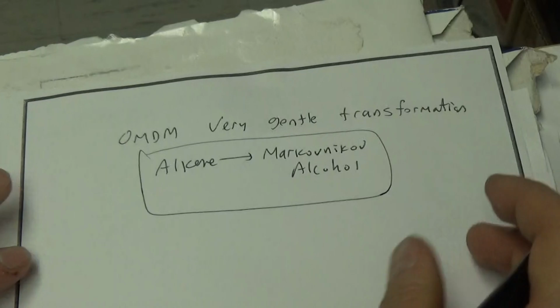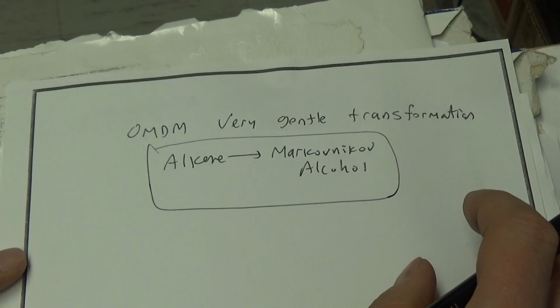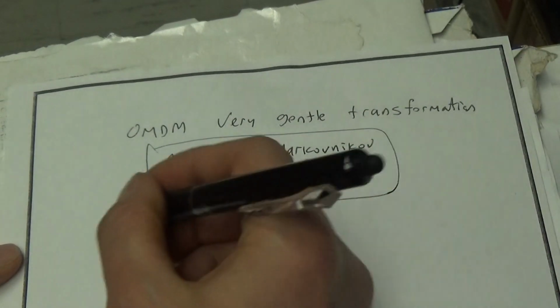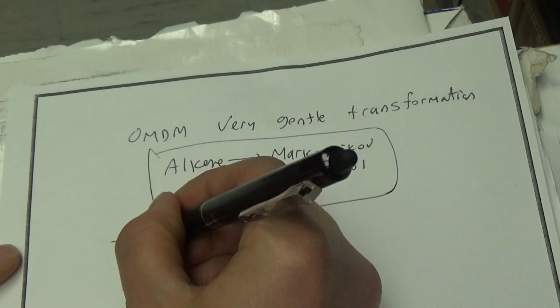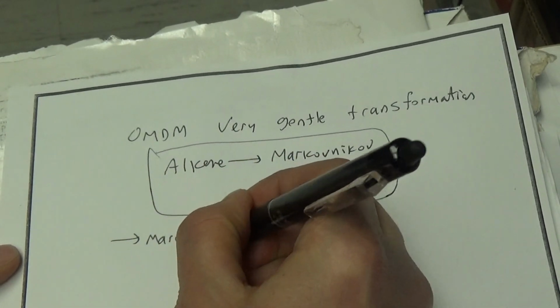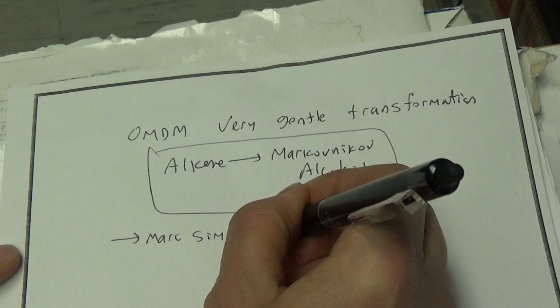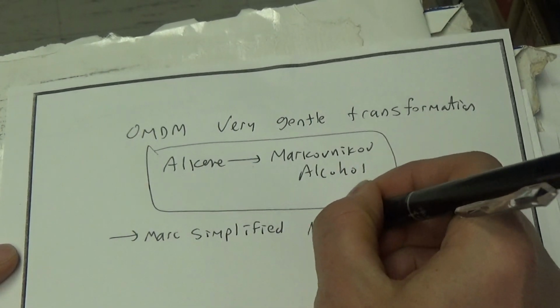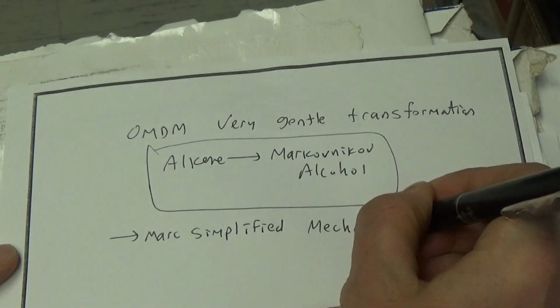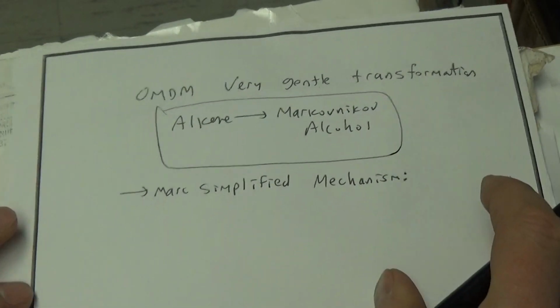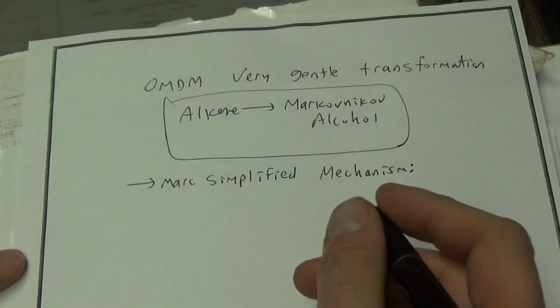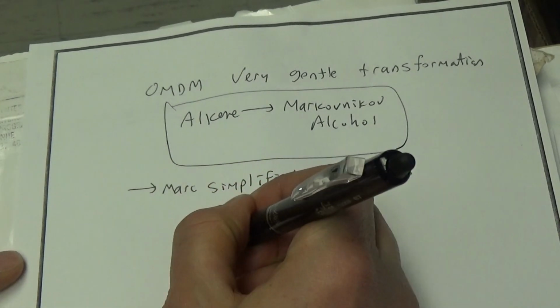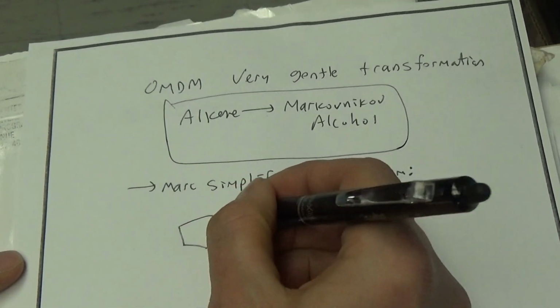It's really cool when you avoid weird rearrangements and stuff. So I'm going to call it the Mark simplified mechanism. If I ask you about this on the quiz, you can either use the Mark simplified mechanism, or the book often has slightly more complicated mechanisms. I just focus on what I think is the most important part. So let's show just another example.